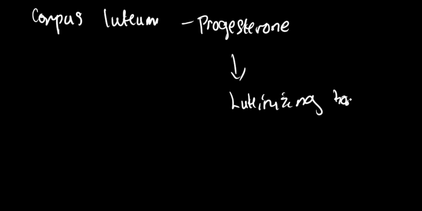This negative feedback is what leads to the degeneration of the corpus luteum if fertilization doesn't take place. However, if fertilization does take place, then we have the formation of the corpus luteum of pregnancy.